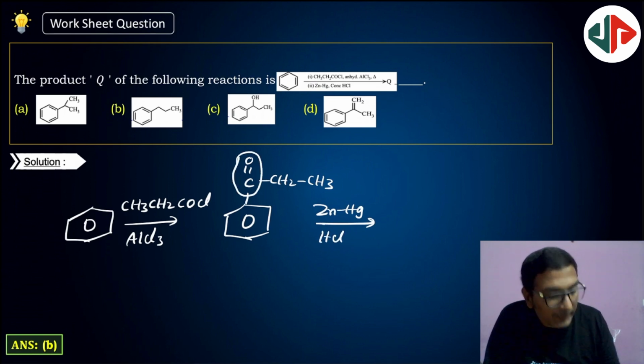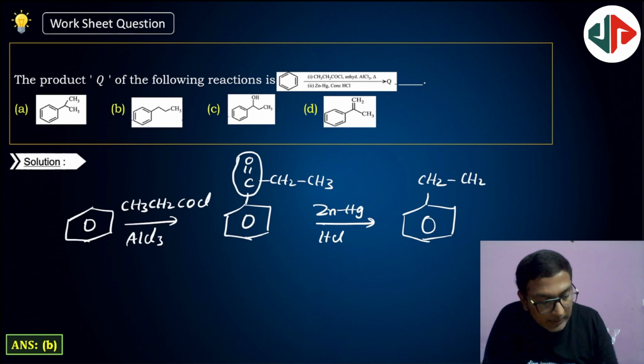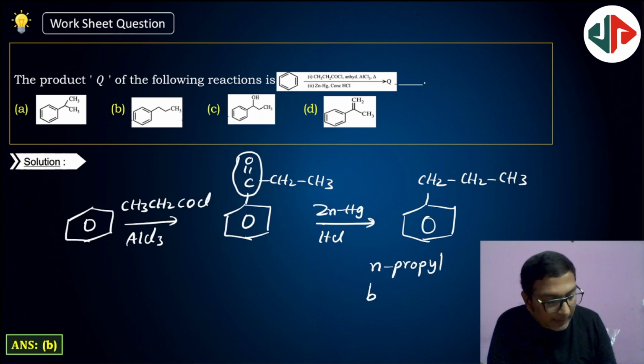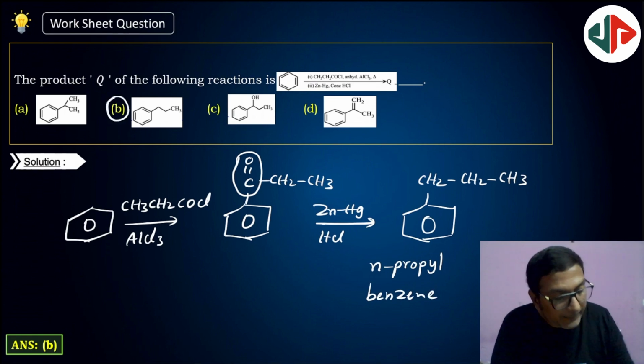So the CO group will be converted to CH2. Therefore, it will give CH2CH2CH3, propyl benzene, n-propyl benzene. So option B. Next.